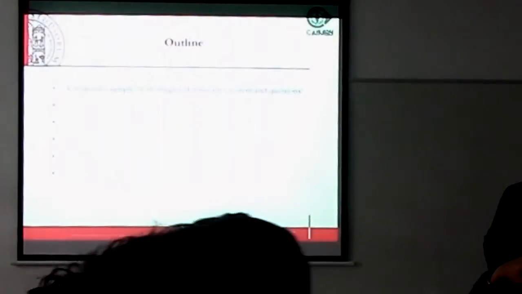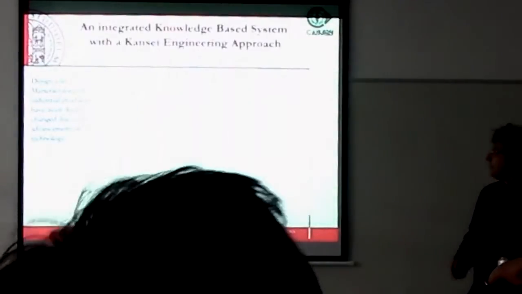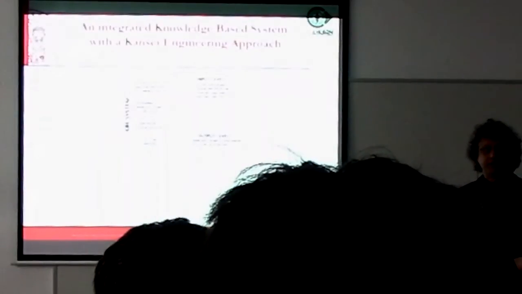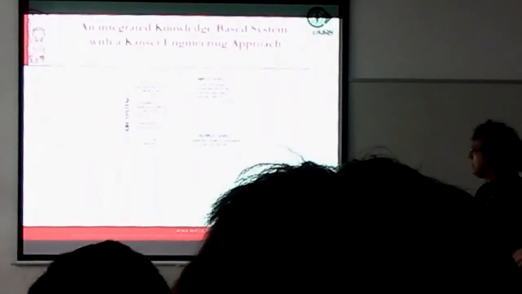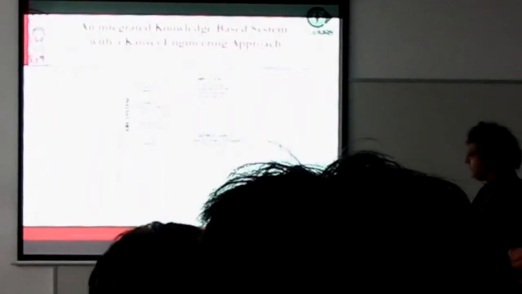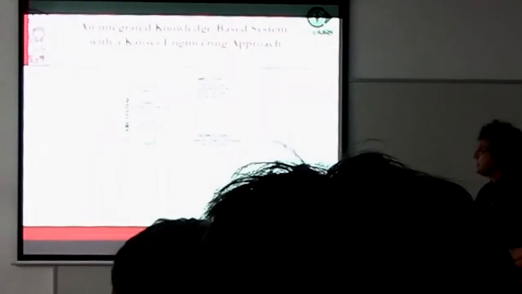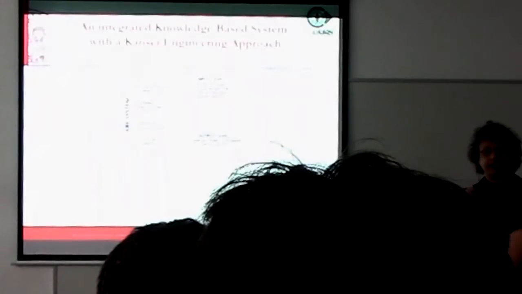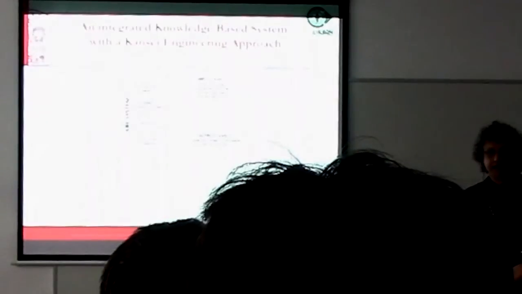So, first of all, the example I mentioned before. This is our proposal of a knowledge-based engineering system. As usually, there's an input level. In this case, this system is focused on the use by a designer.